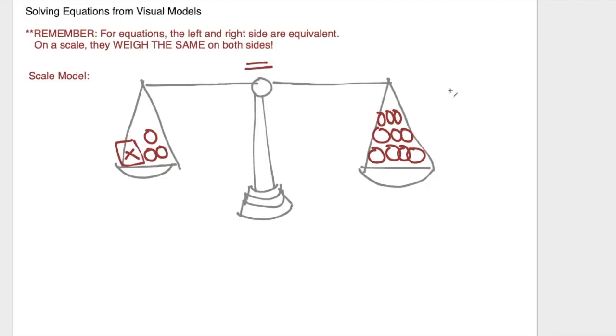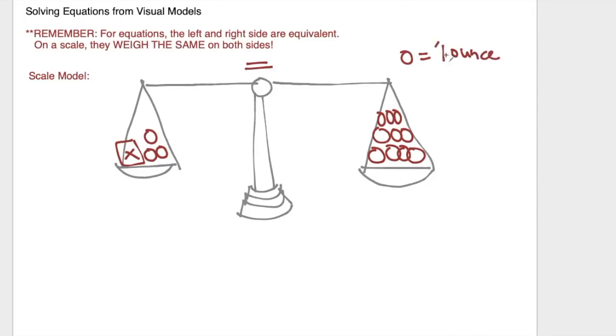So since they have to weigh the same on both sides, let's take a look at what the problem is here on our scale. We have spherical balls here that will say each weigh, let's just say they each weigh 1 ounce.